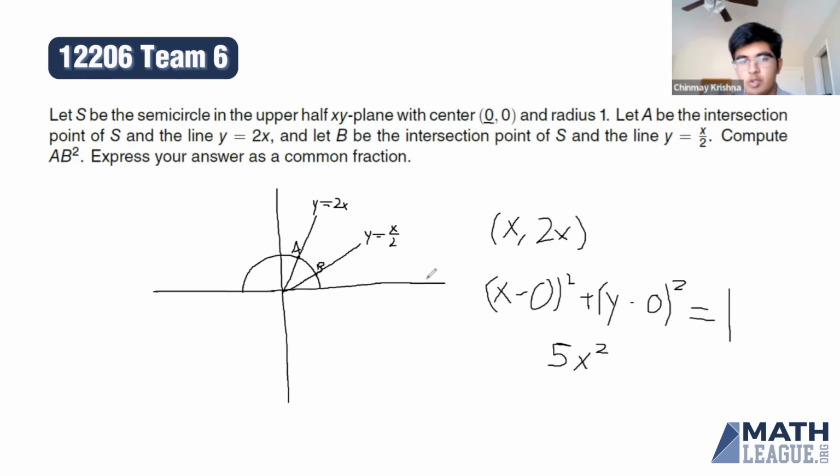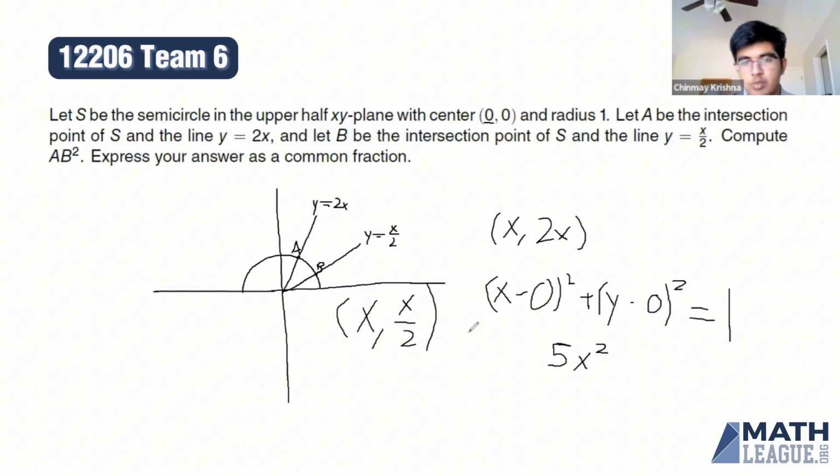And then we could do a similar thing here for B. We know y equals x over 2, so let's just call it x and x over 2.